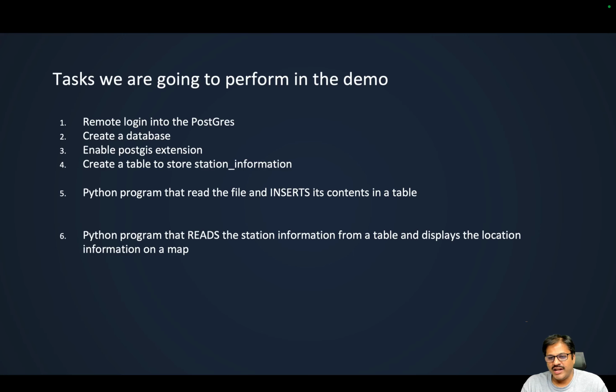Next, we enable the extension PostGIS so that we can store the location data. Then we create the table to store the data. Once we create the table, we are going to write the Python programs. One, to store the data into the table from a file. The next program will read the data from the table and then find the location information.